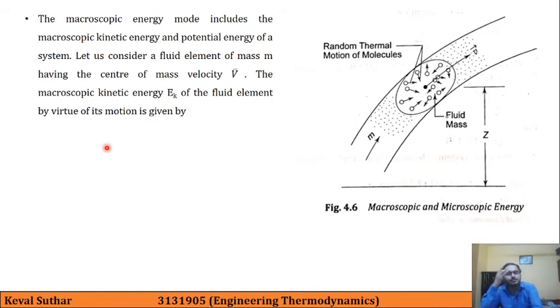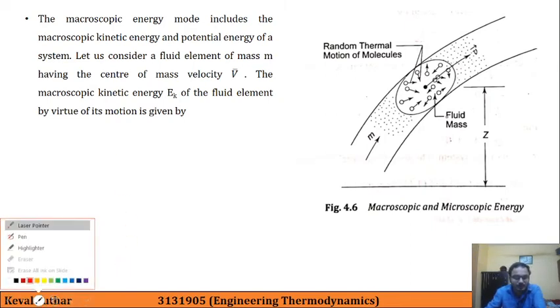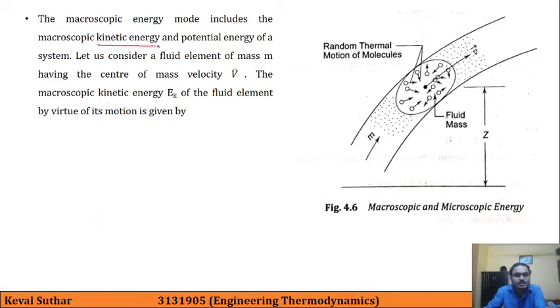So here the macroscopic energy mode includes the macroscopic kinetic energy and potential energy. So there are two types of energies present in this case. First is kinetic energy and second is potential energy.